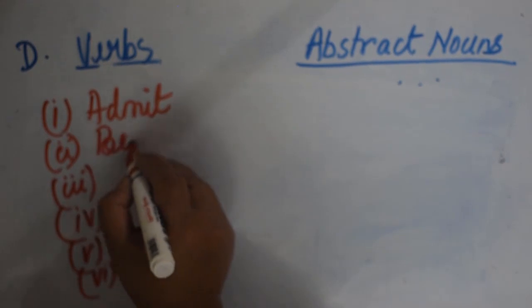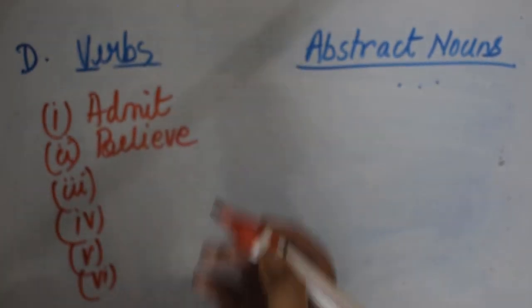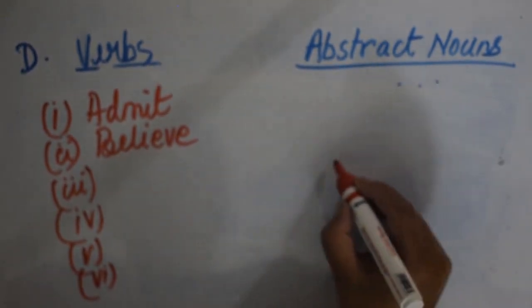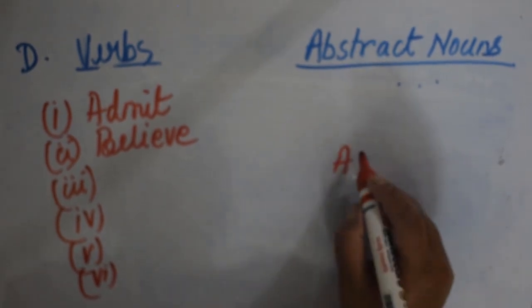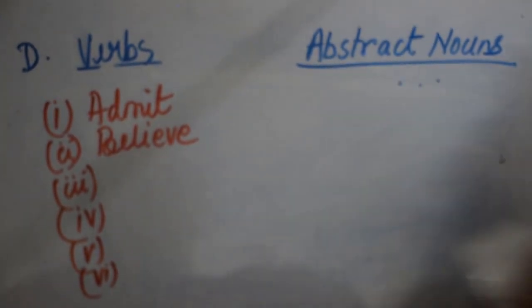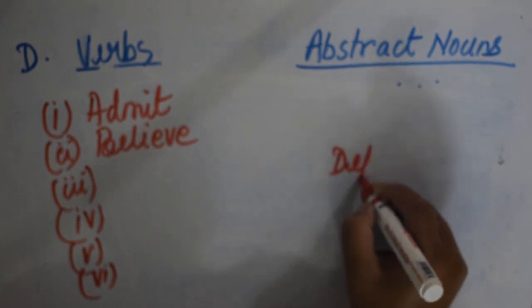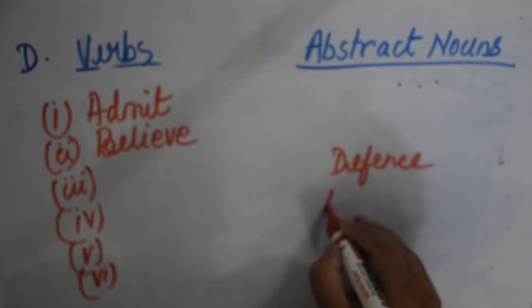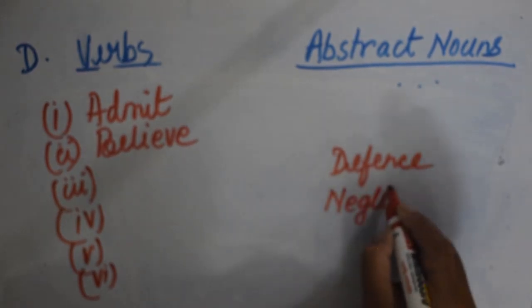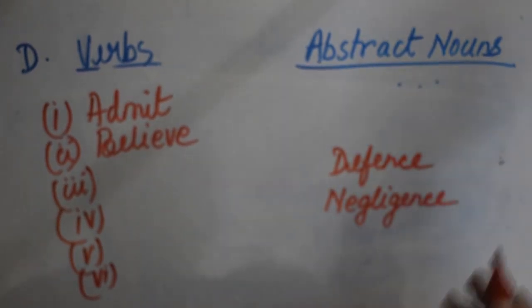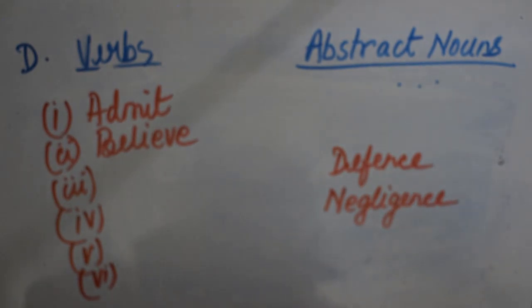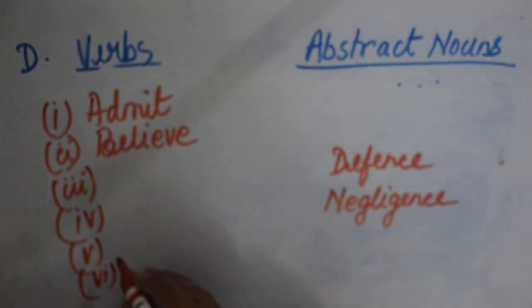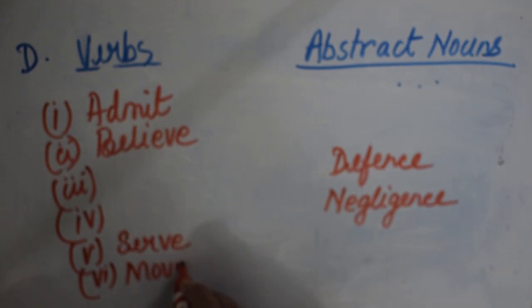Second was believe. Third was, the abstract noun form was defense. Fourth, again, the abstract noun form negligence. Fifth was serve, and the last was move.